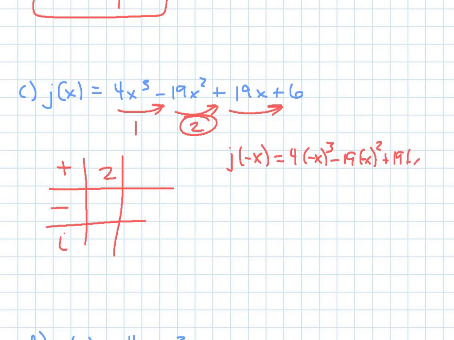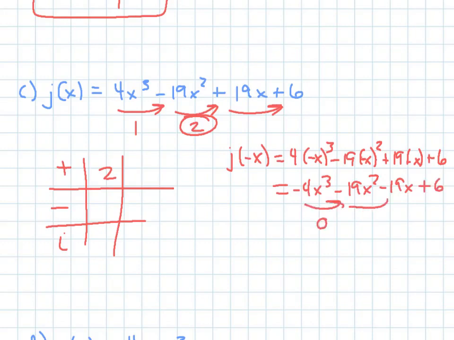Okay, so it gives me negative 4x cubed minus 19x squared minus 19x plus 6. So here, none, none, and there's 1. Okay? So I have 1 change for my negative.